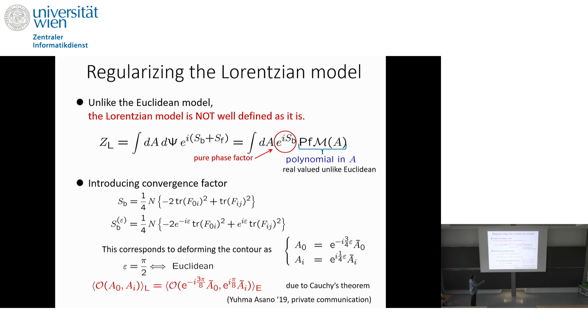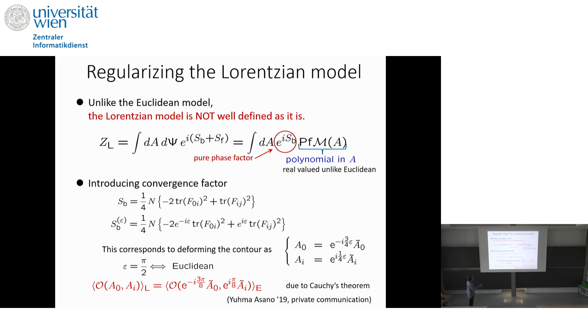But then we can introduce these phase factors, opposite phase factors for the spatial directions and the temporal direction. And then as far as epsilon is positive and finite, this integral is absolutely convergent. This is the usual way to make a diverging integral a convergent one. And then we can take the epsilon going to zero limit and see whether it becomes finite or not.